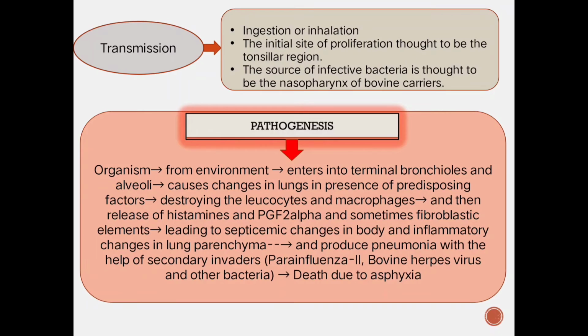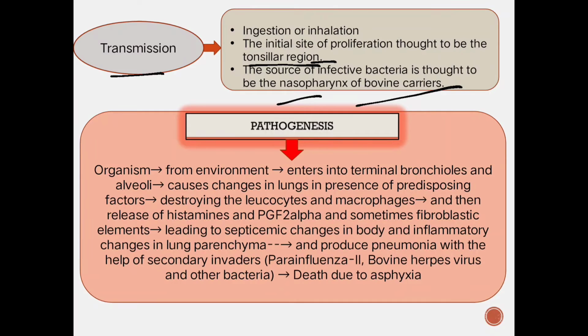Now let us look at how this disease is transmitted from cattle to cattle and buffalo to buffalo, from animal to animal. It may be through ingestion of contaminated feed and water, or through inhalation of the etiological agent. The initial site of proliferation is thought to be the tonsillar region, and the source of infective bacteria is thought to be the nasopharynx of the bovine carriers.